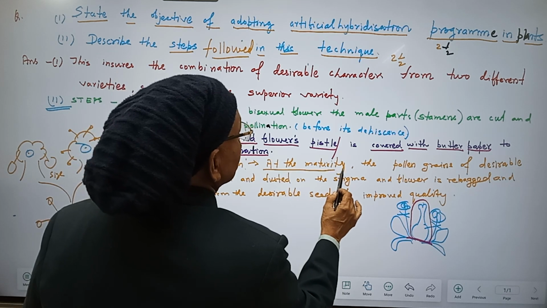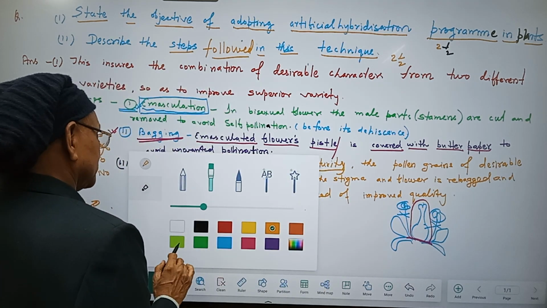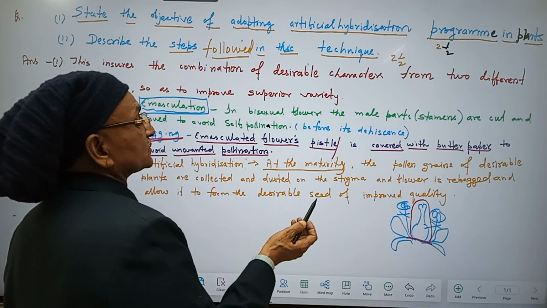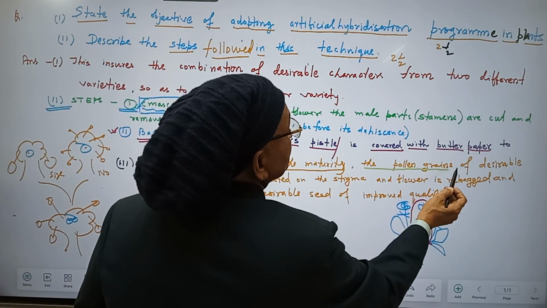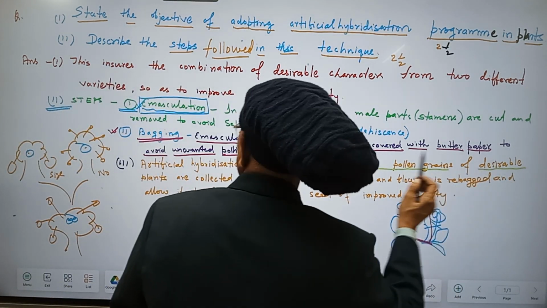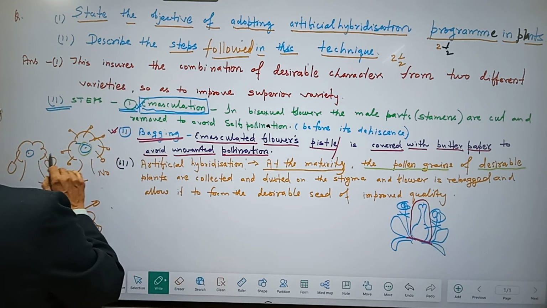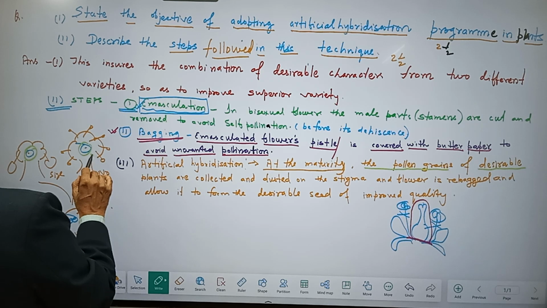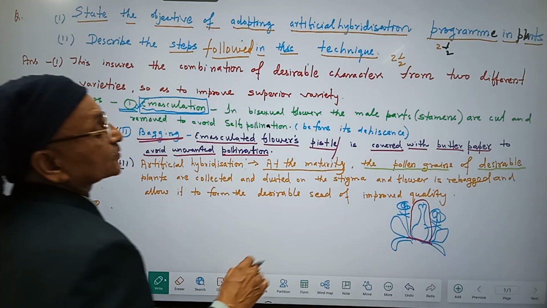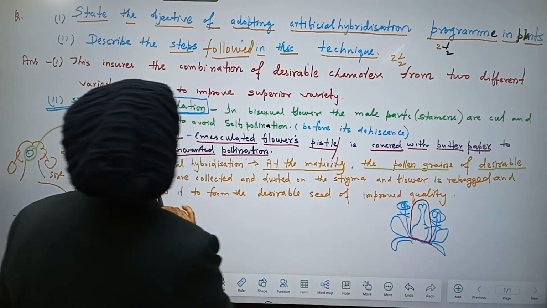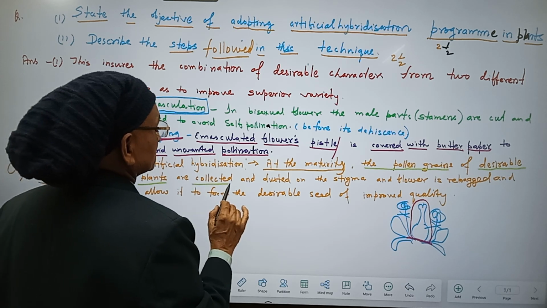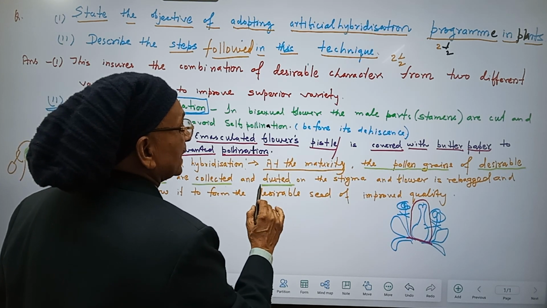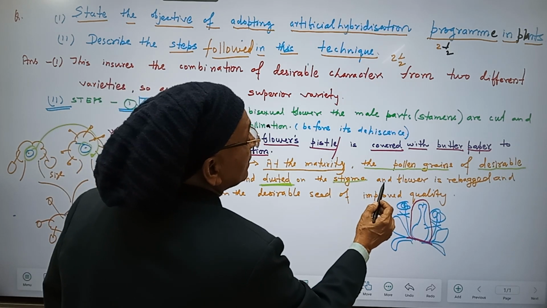When the stigma matures, the pollen grains of the desirable plant are collected and dusted on the stigma.